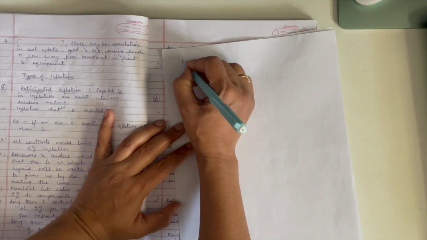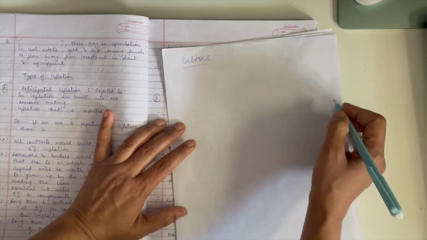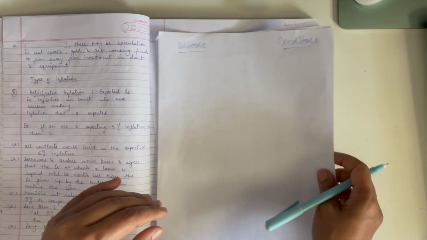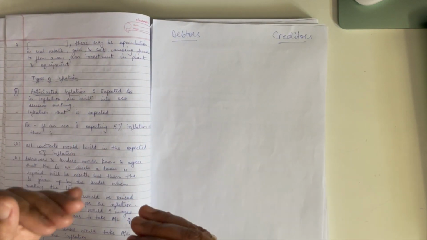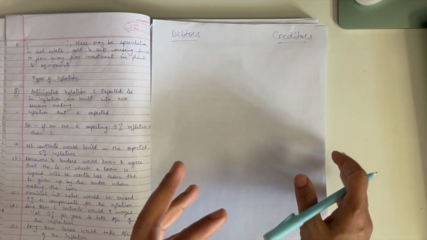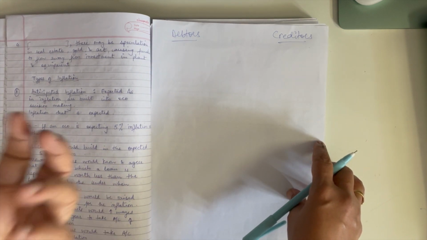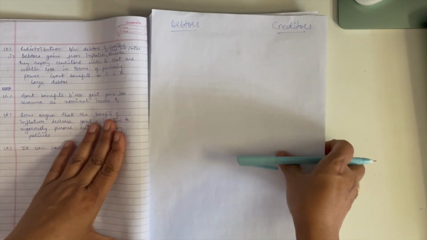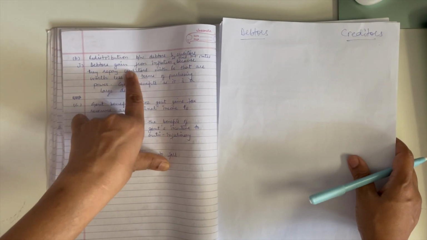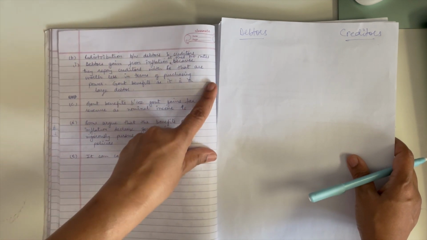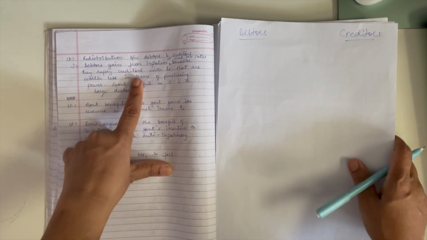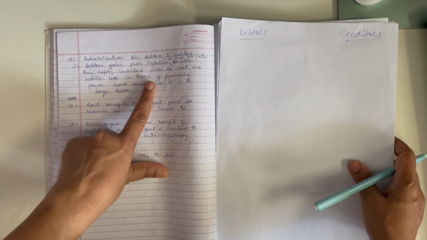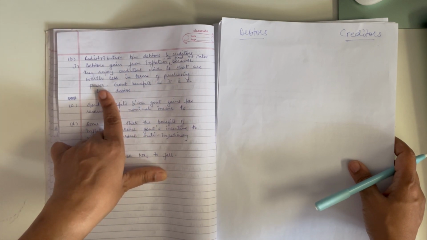Particularly, I'll be talking about these two: debtors and creditors. How is there redistribution of income and wealth among debtors and creditors, and who is hurt and who benefits? What happens is that debtors gain from inflation at fixed interest rate, because they repay creditors with rupees that are worth less in terms of purchasing power.